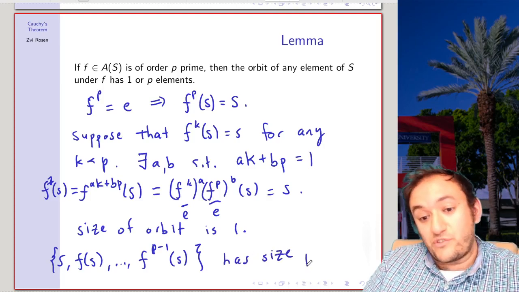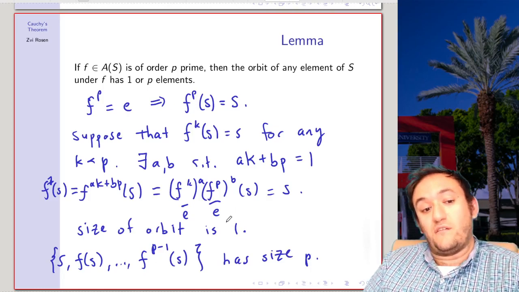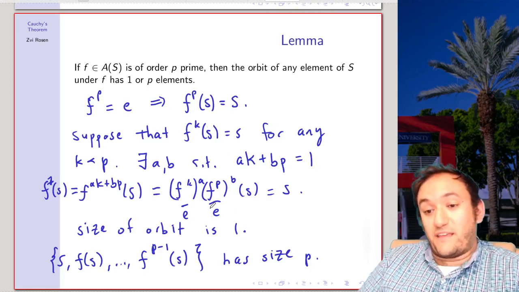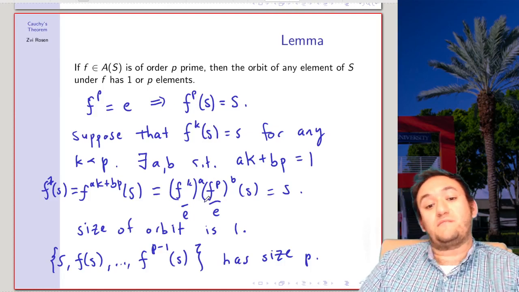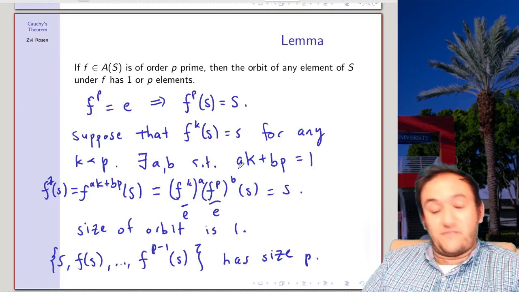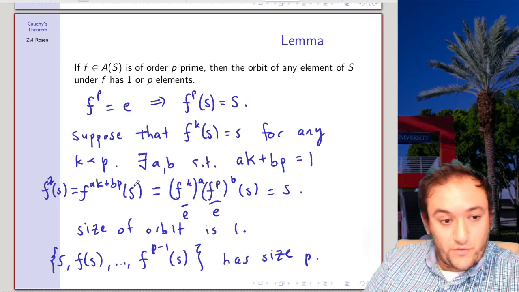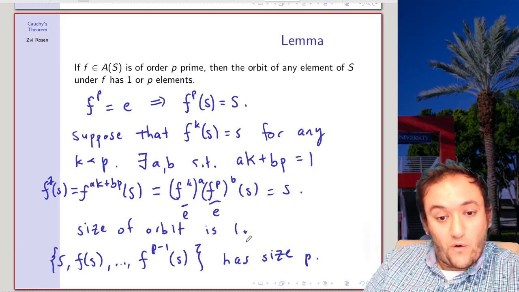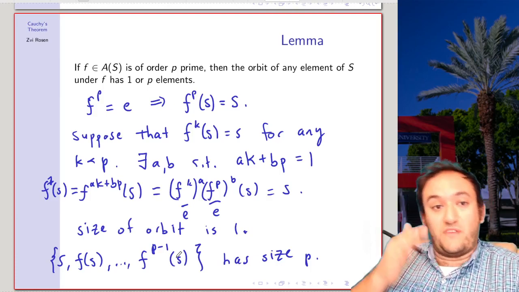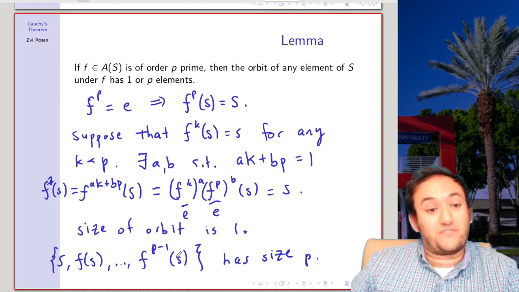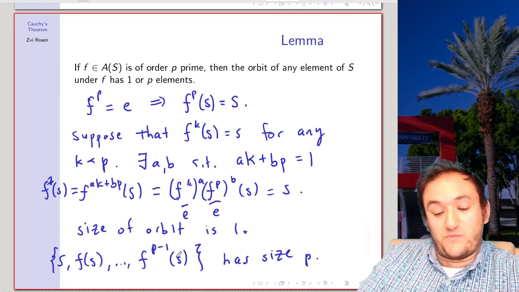Okay, so those are our two options. Either applying the function fewer times gives us s back, which means that the orbit has size 1, which we deduced over here, or each of the applications of f up to f to the p is distinct, which means the orbit has size p.